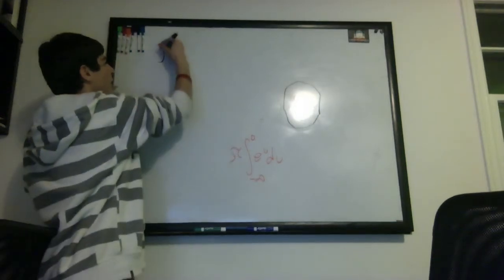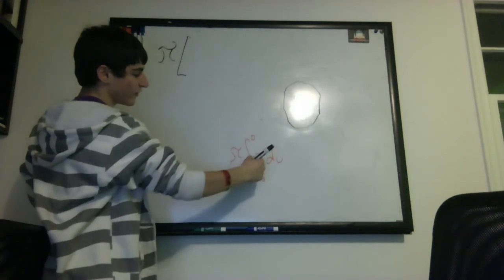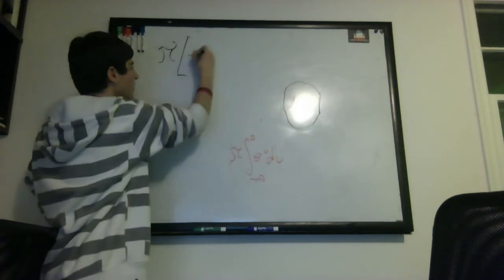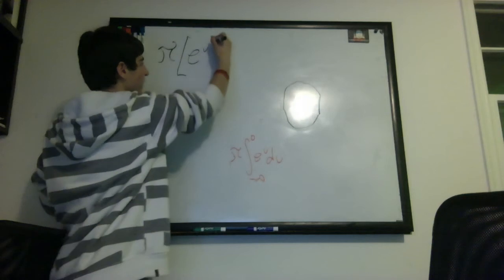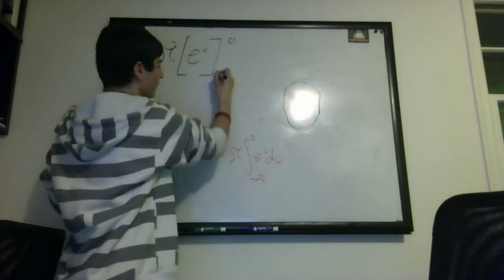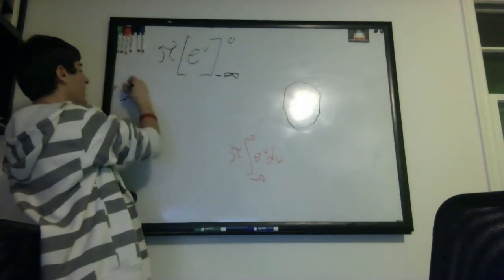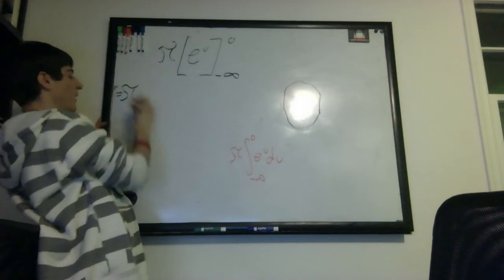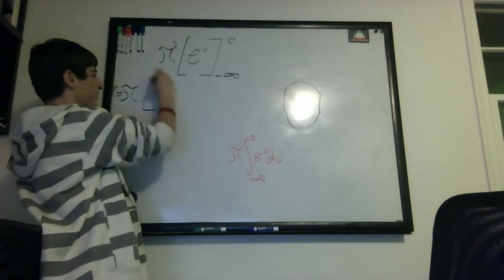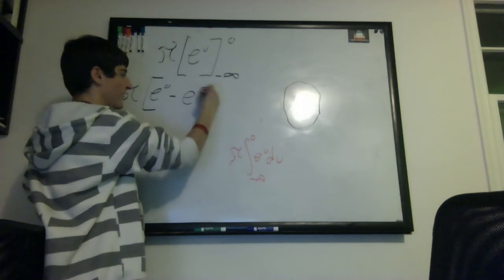Okay, so we have pi times, the integral of e to the u is e to the u, evaluated from minus infinity to 0, which is equal to pi times e to the 0 minus e to the minus infinity.